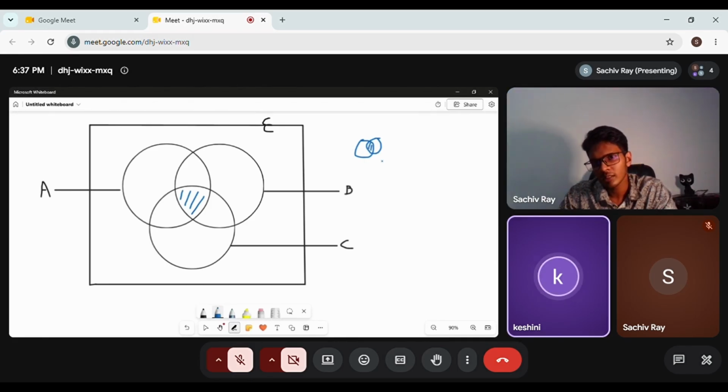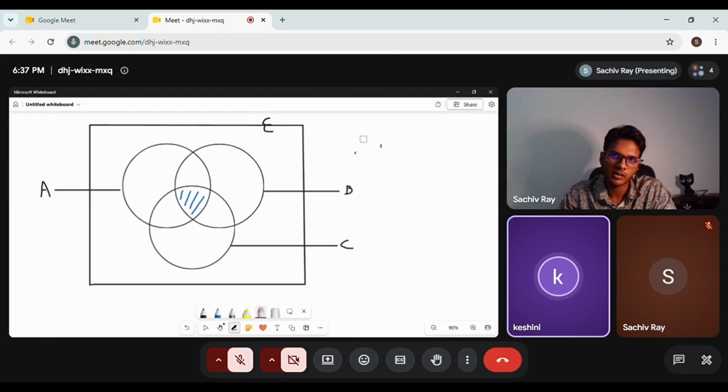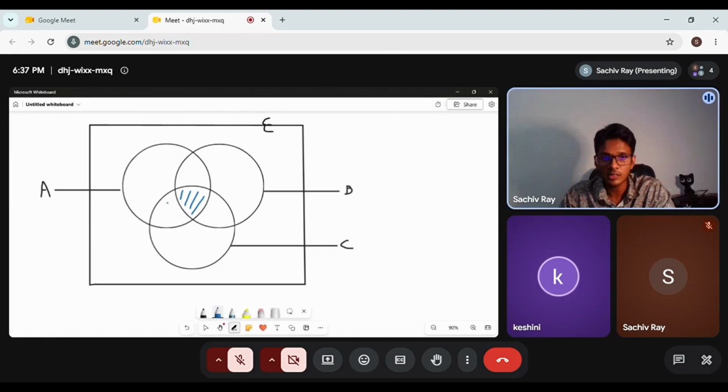A intersection B, intersection C. This is common for all three, right? Yes, sir.